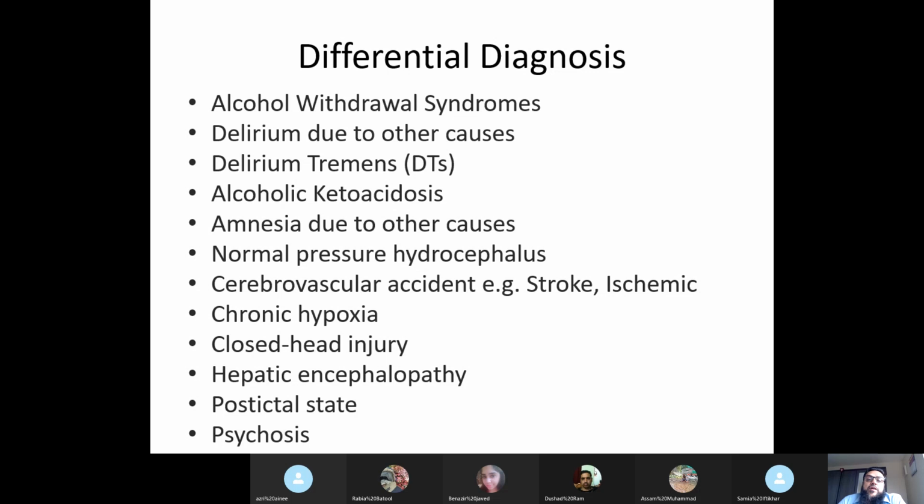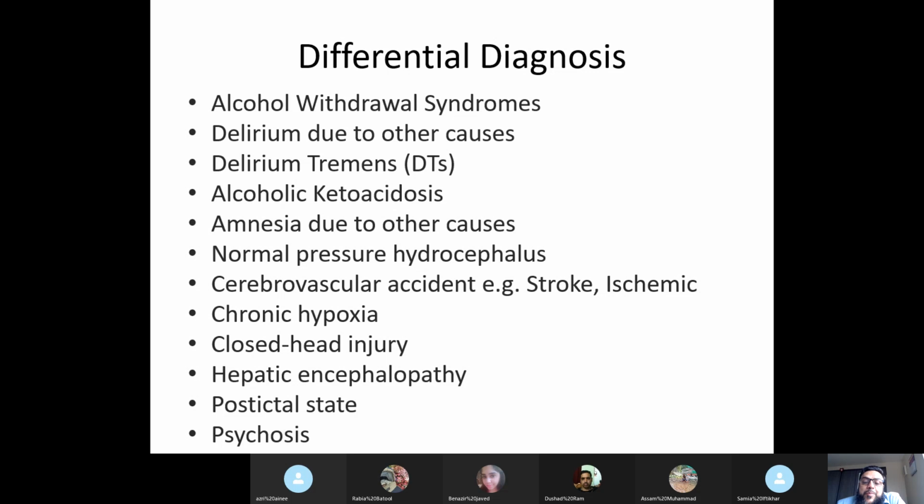Potential diagnosis, as we said earlier: alcohol withdrawal syndromes, delirium due to other causes, delirium tremens, alcoholic ketoacidosis, amnesia due to other causes, normal pressure hydrocephalus, cerebrovascular accident, stroke, ischemic stroke, chronic hypoxia, closed head injury, hepatic encephalopathy.